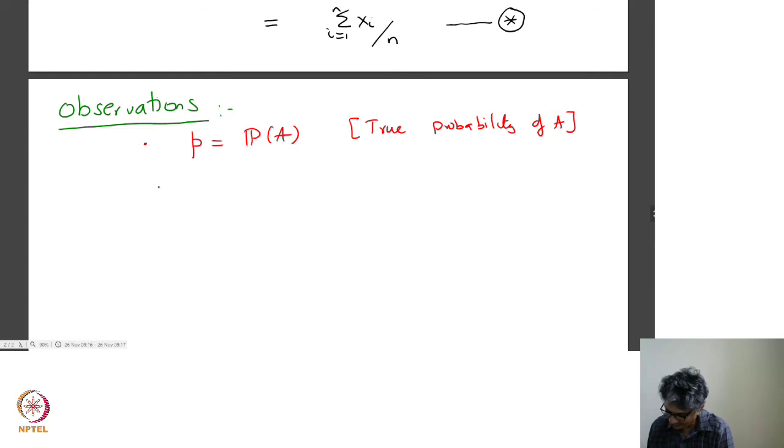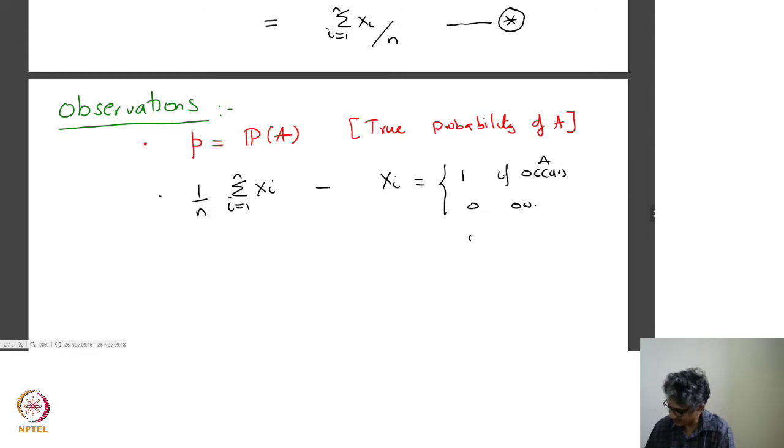But what we observe is 1 over n summation i equal to 1 to n xi, and this is from the experiment. And what did we say xi was? Xi was equal to 1 if A occurs and 0 otherwise.